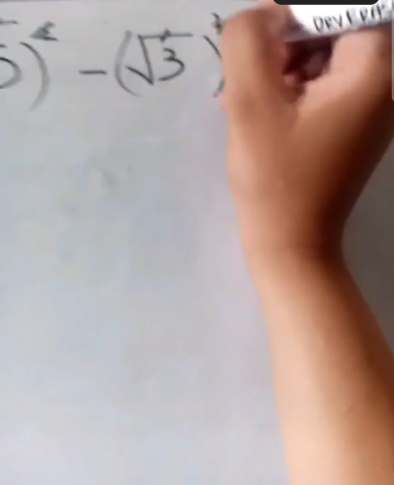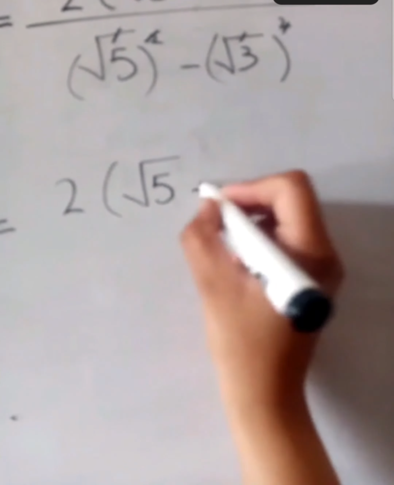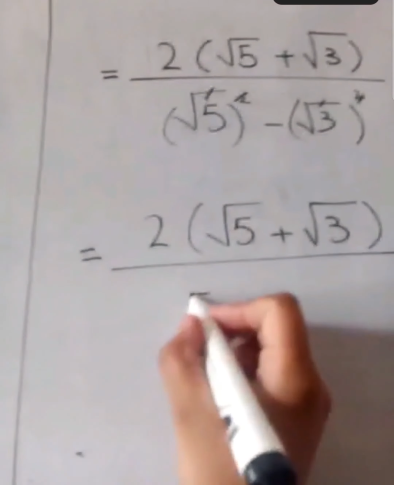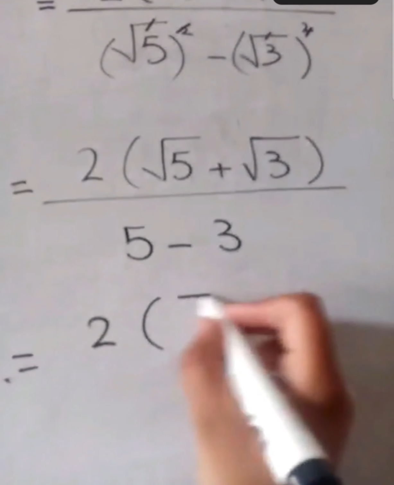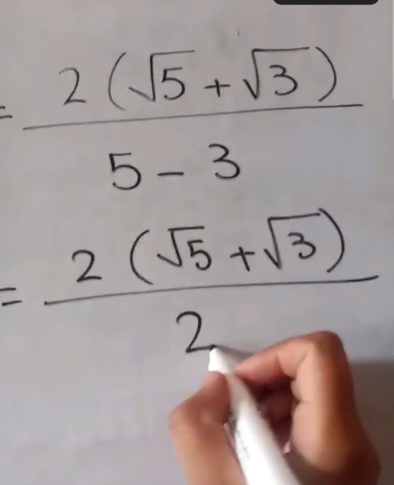Similarly, this square and square root will be cancelled out. So it is left 2 times under root 5 plus under root 3, divided by 5 minus 3, which is 2.